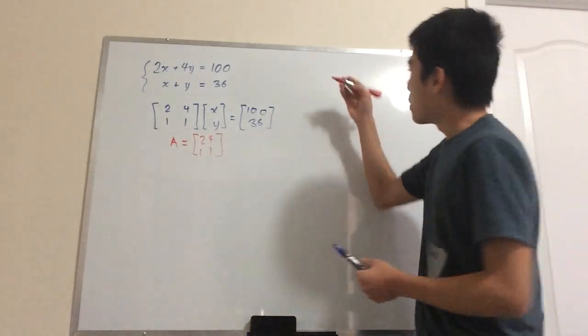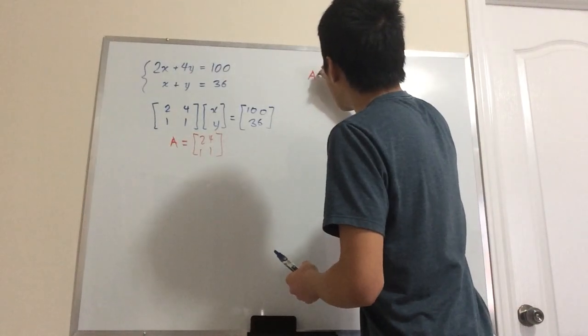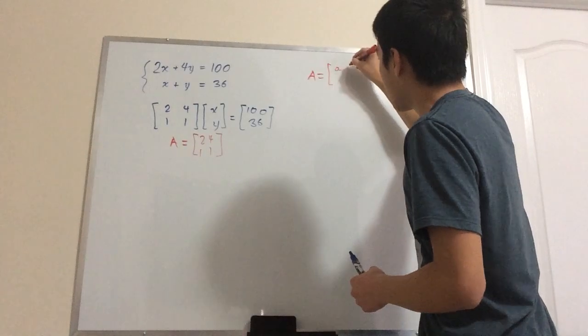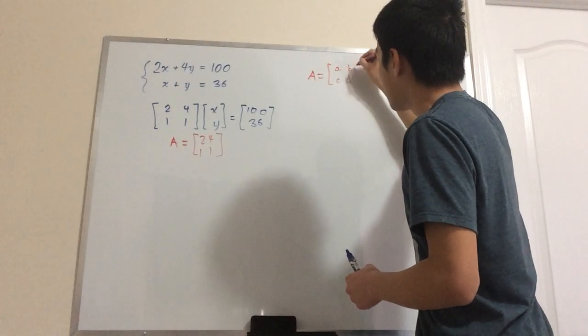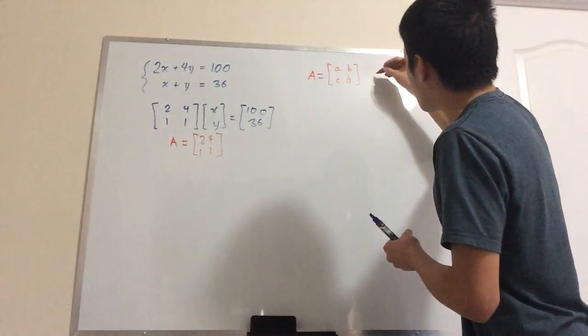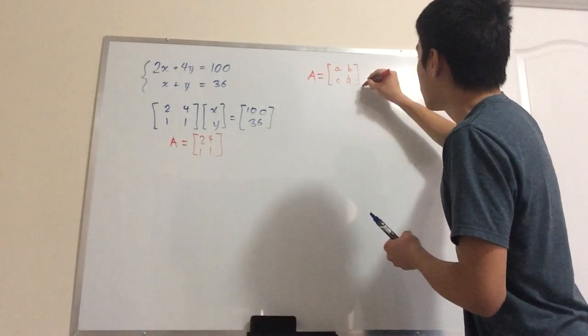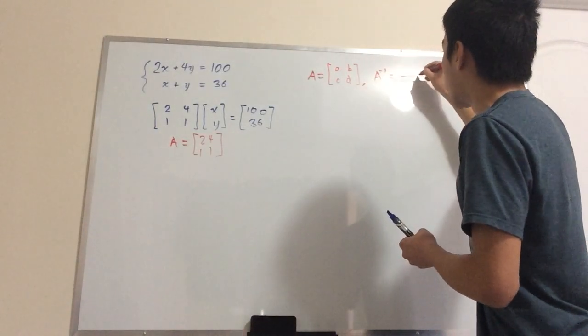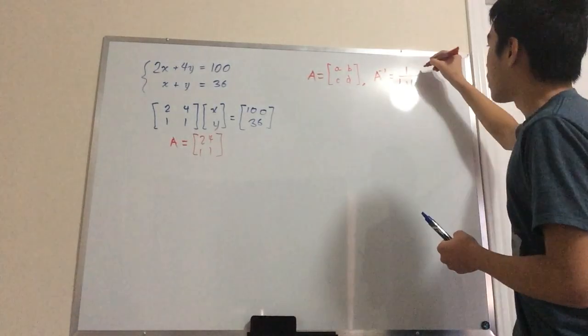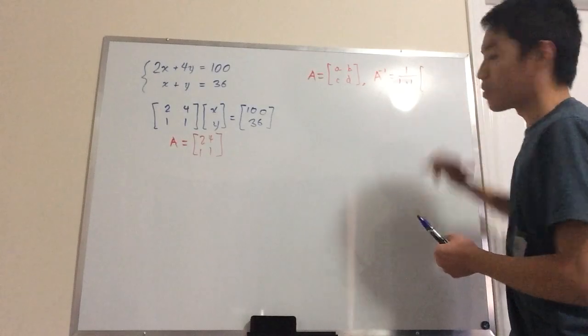So remember that if A is equal to a 2 by 2 matrix, a, b, c, d, the fact is the inverse matrix A to the minus 1 is actually just equal to 1 over the determinant of A, and then we have this matrix here.